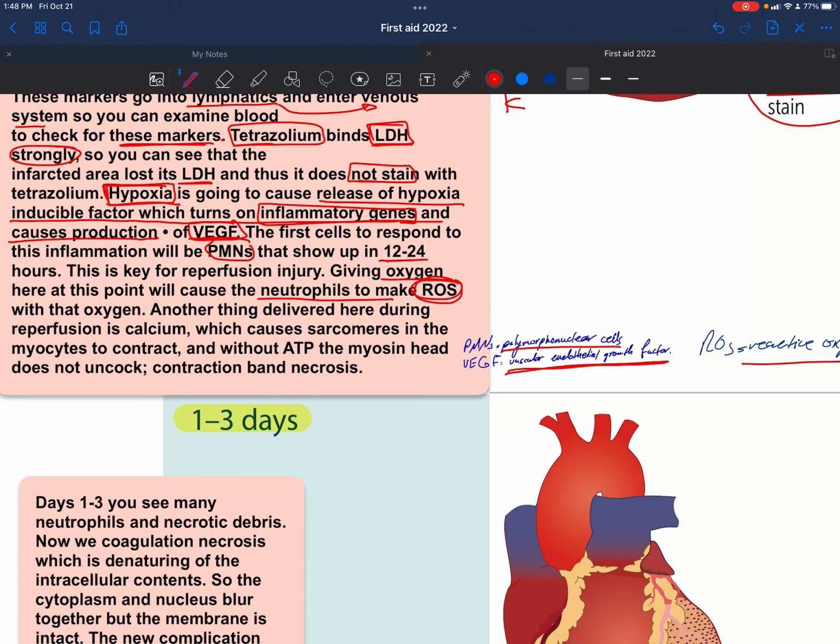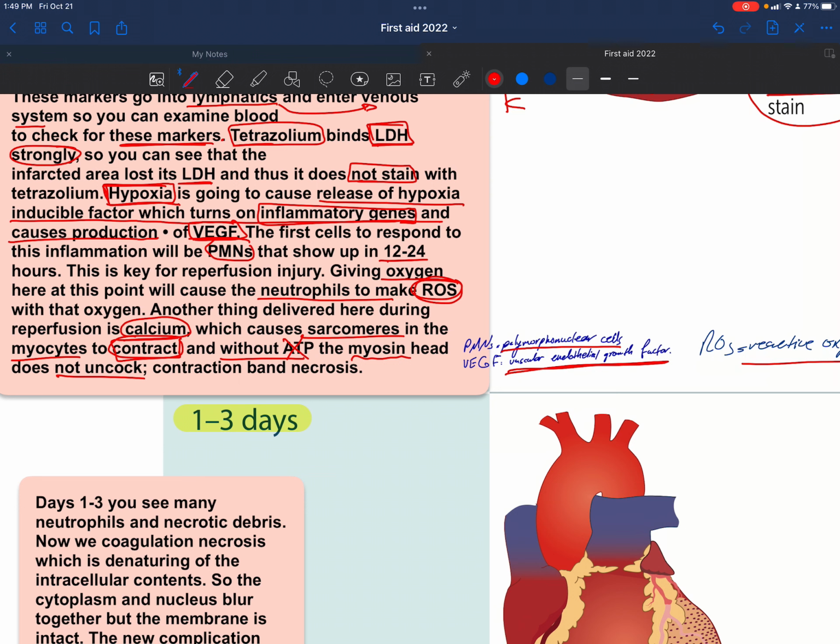Another thing delivered during reperfusion, while blood starts going back there, is calcium. We know that calcium is responsible for contraction, so it causes the sarcomeres in the myocyte to contract. But at the same time, we don't have ATP. So after contraction, the myosin head, a teeny tiny part of the muscle fiber, does not uncock.